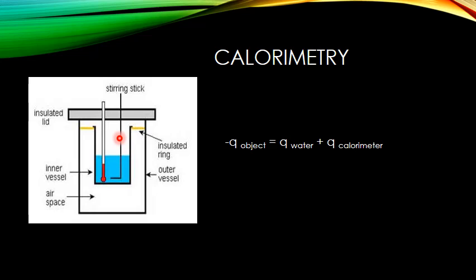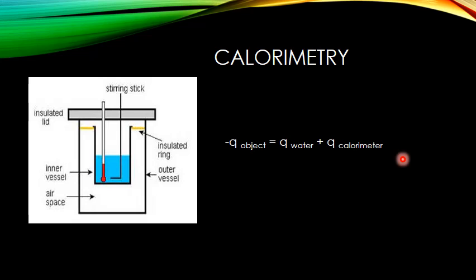because you're going to be measuring temperature differences. And we can use this equation here, the calorimetry equation, that negative Q of the object equals the Q of the water plus the Q of the calorimeter. So for example, this week we heated pieces of metal that were an unknown substance, and we heated them to 100 degrees Celsius by putting them in boiling water.